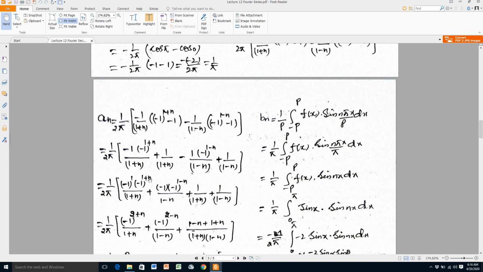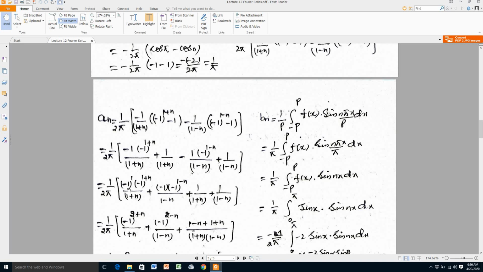I multiply this minus 1 over 1 plus n with both these terms, so I get minus 1 into (minus 1) raised to the power 1 plus n divided by 1 plus n, then plus 1 over 1 plus n, and then minus 1 over 1 minus n into (minus 1) raised to the power 1 minus n, then multiplying the other term, we get plus 1 over 1 minus n.